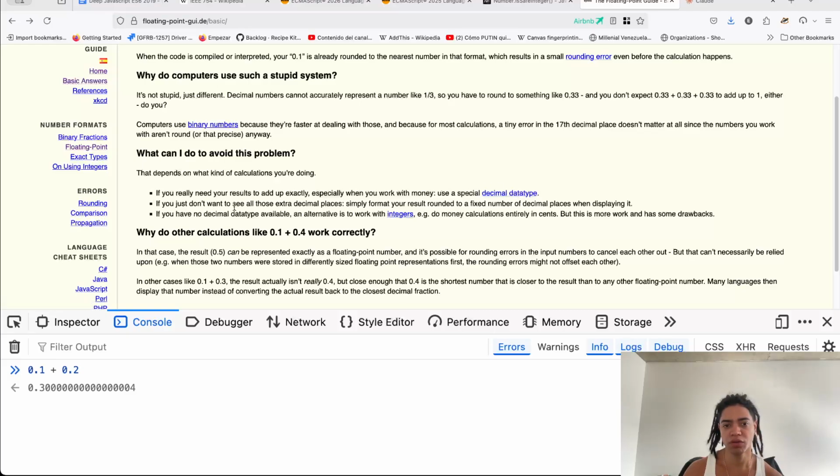If you don't want to see all of those extra decimals, simply format your result rounded to a fixed number of places when displaying it. So you say, hey, I want to use Math.fix, Math.floor, or Math.round.